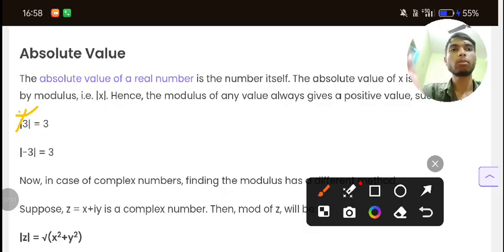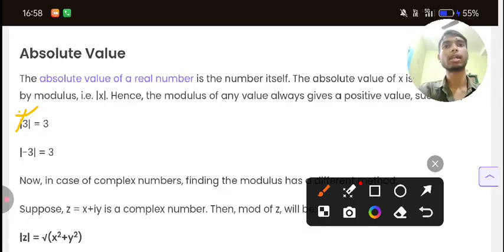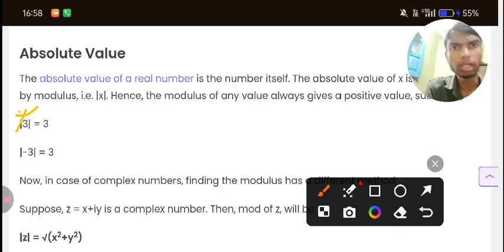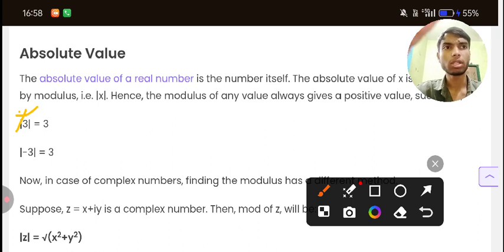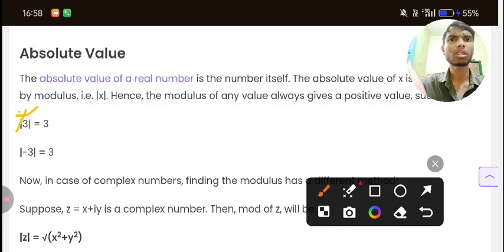When we apply modulus to this, it doesn't convert a plus sign into minus, but it converts minus into plus. Only a minus sign will be converted into plus by applying modulus.